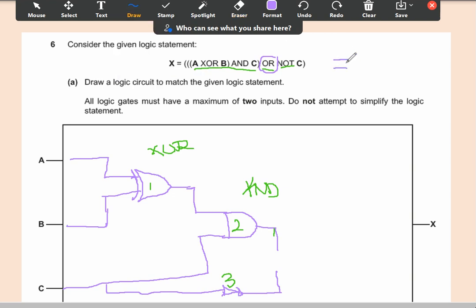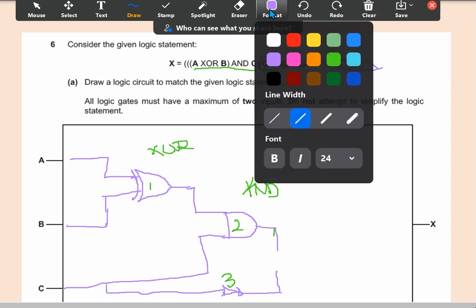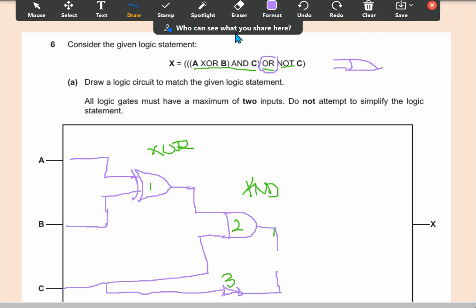We have the two inputs, like a curve, and then we have that kind of symbol. Anyway, just draw properly in a while. In here we have these two inputs. Make it straight, and then a curve here, and then you will have that one.